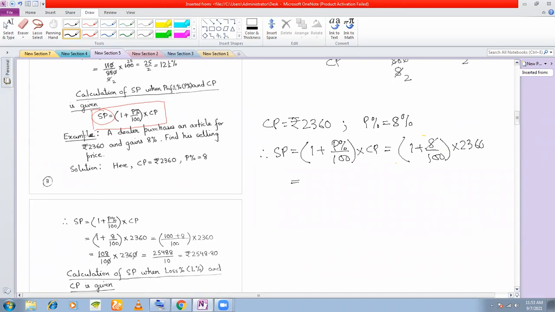How do you simplify? You cancel this first. And now you take the LCM. Let's write it in fair before you take the LCM, so you don't get confused. You write this as 1 plus 2 by 25 into 2,360. Now you take the LCM.